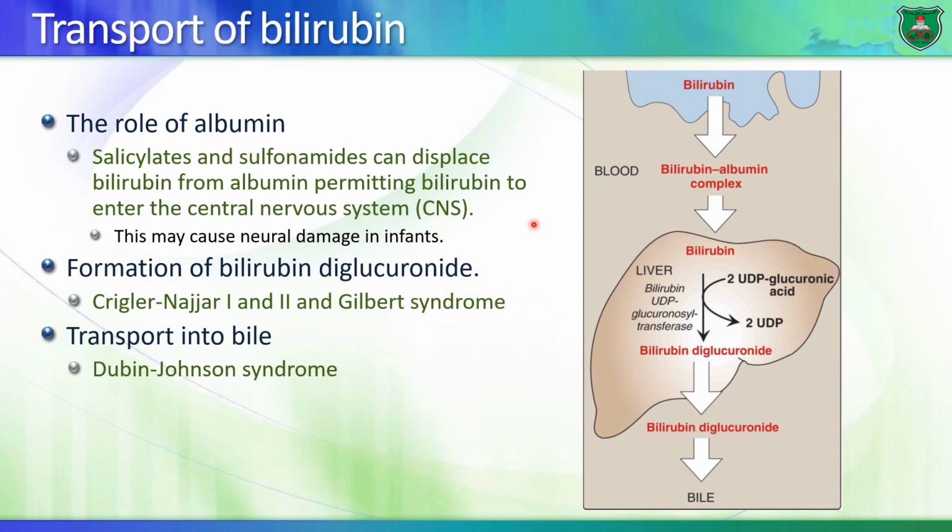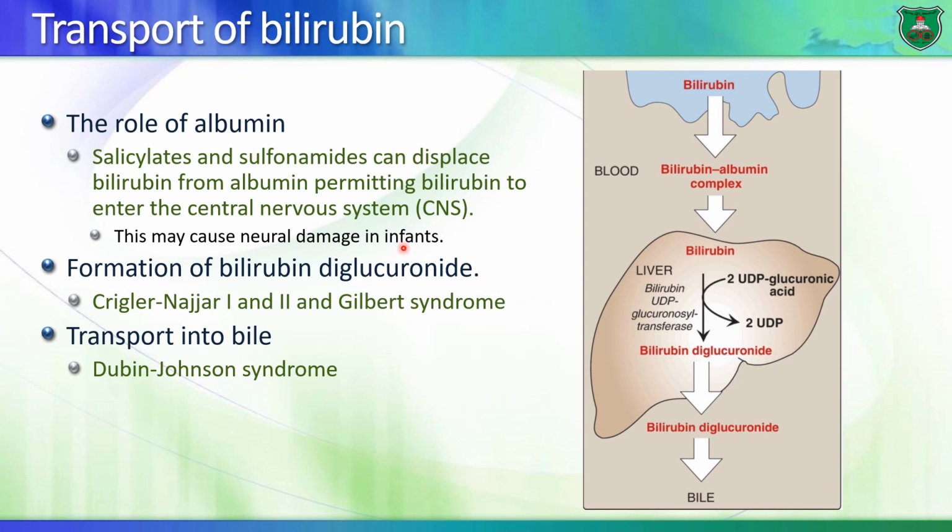Now what happens is that biliverdin is converted to bilirubin, and bilirubin is then released into the blood, and it is carried by albumin. It binds to albumin, and albumin takes it all the way to the liver.